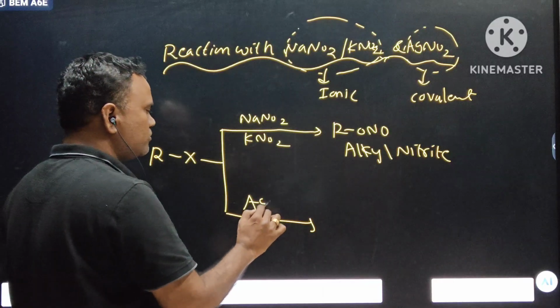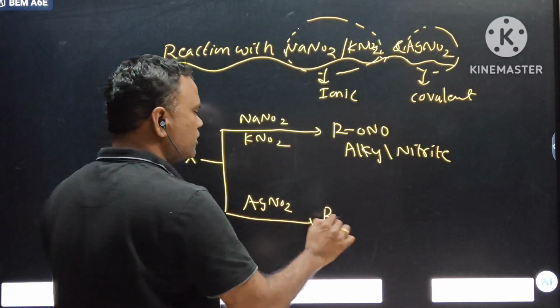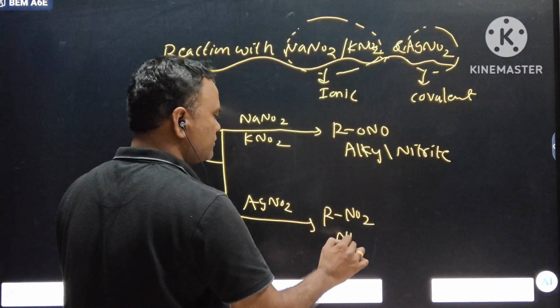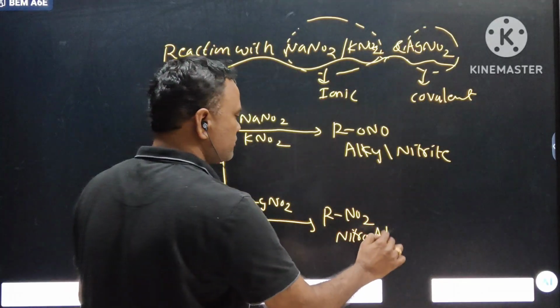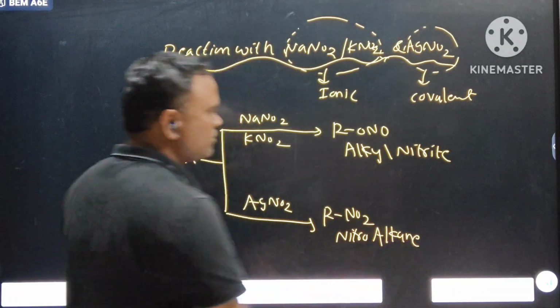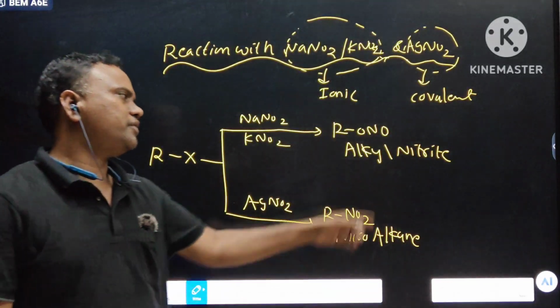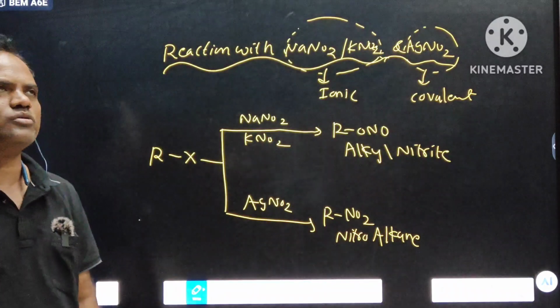With AgNO2, you will get a nitroalkane. What is the relationship between these two? These two are which isomers?